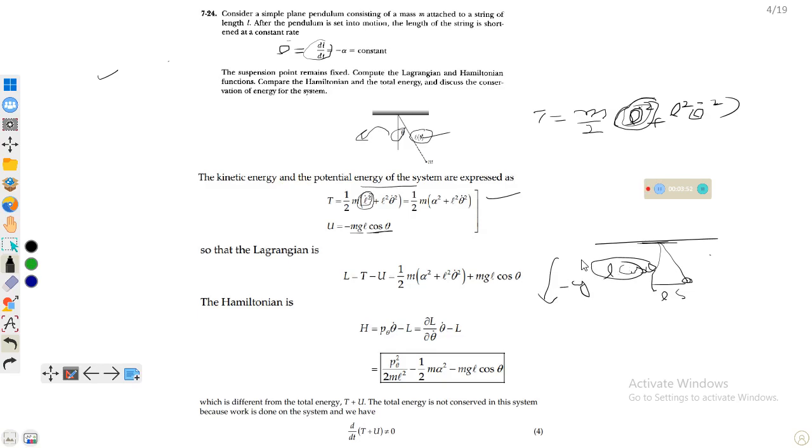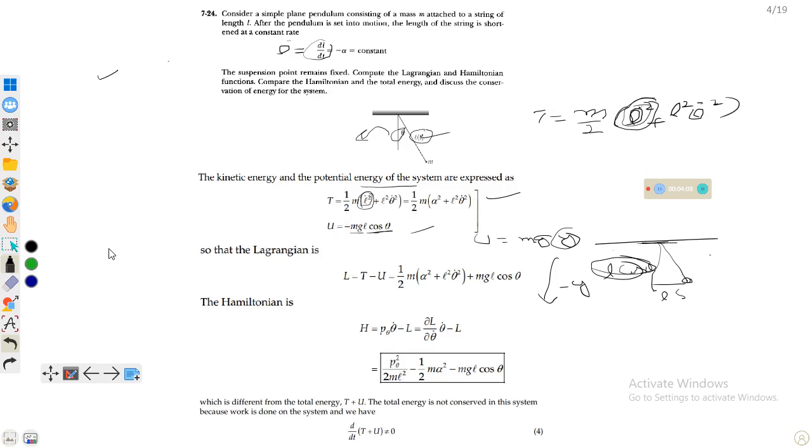So potential energy will be equal to mgy, and y is minus L cos theta, so minus mgL cos theta. Thus we have found the kinetic energy and potential energy.